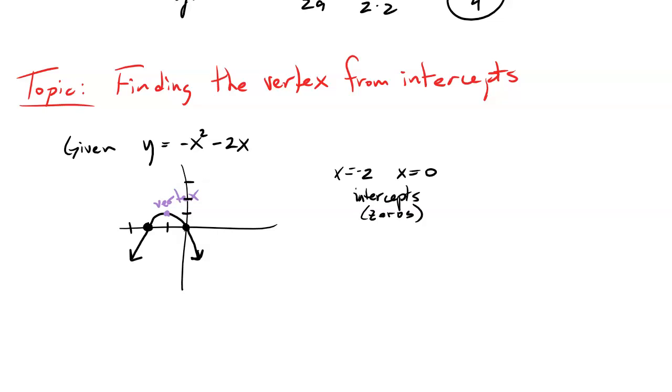Well, the axis of symmetry, and the reason I even care about the axis of symmetry is the vertex is always on the axis of symmetry. So the axis of symmetry is right in the middle. So we did this on Friday, where you add the two numbers and then divide by 2 to find the axis of symmetry.